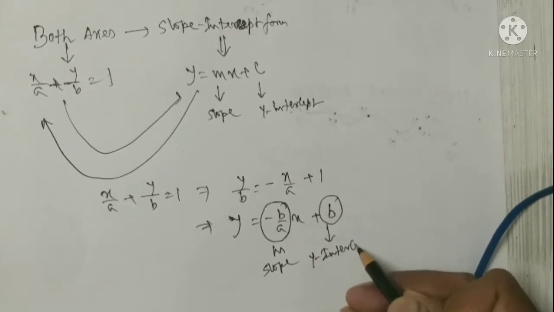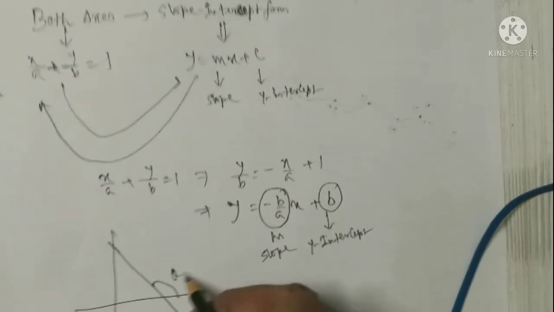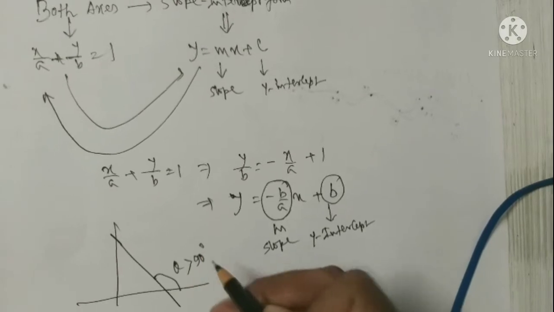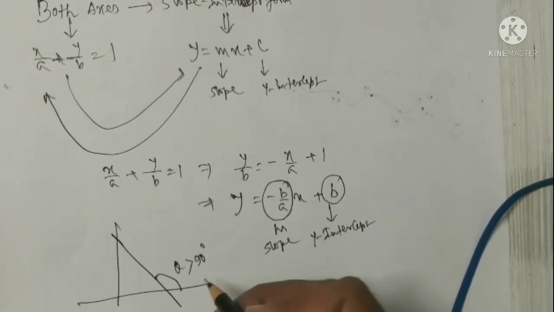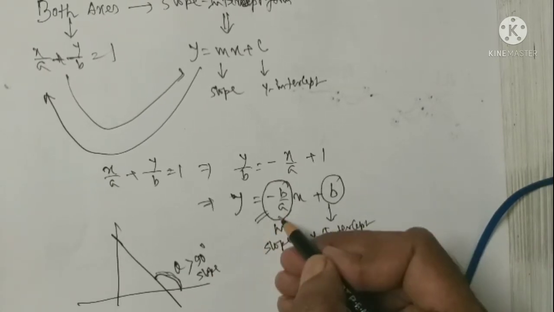Just look at the figure, this is y intercept b, theta greater than 90, our presumption is correct, that is theta greater than 90, slope must be negative, here we get negative slope minus b by a.